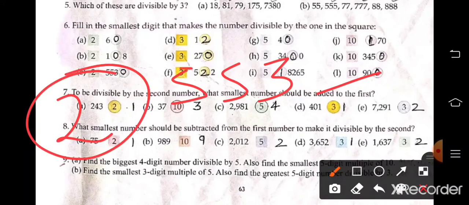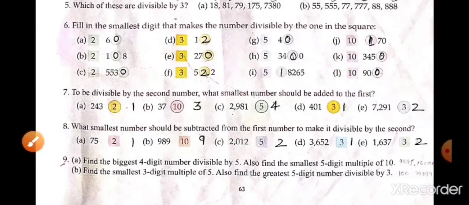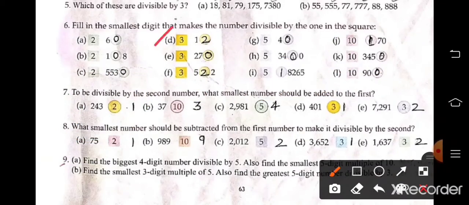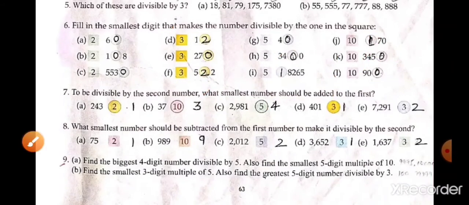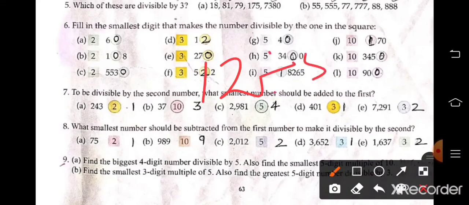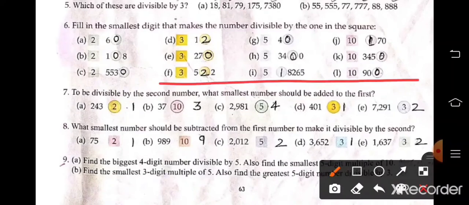So for divisible by 2 here should be 0. The smallest number should be 0. Okay. Now the D part 3 and the number is, so the smallest number we will fill is 2. Okay. So this number is divisible by 12. 12 is divisible by 3. Okay. So like this you have to fill the smallest number.